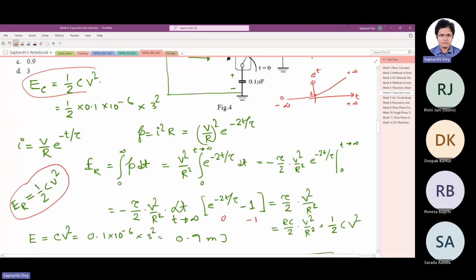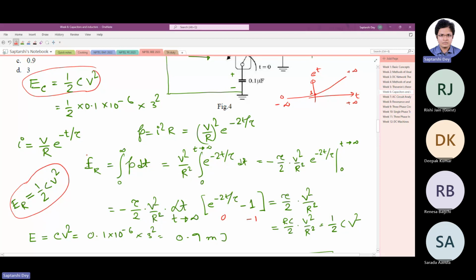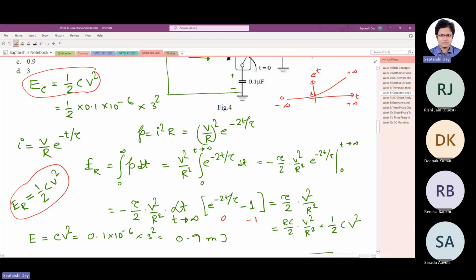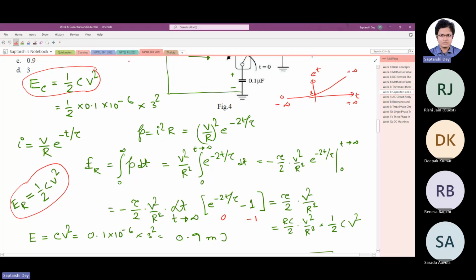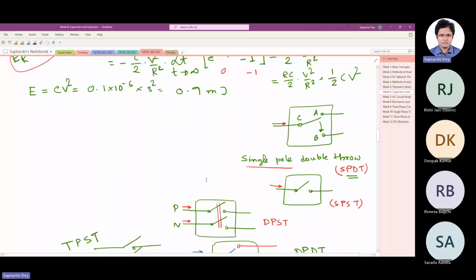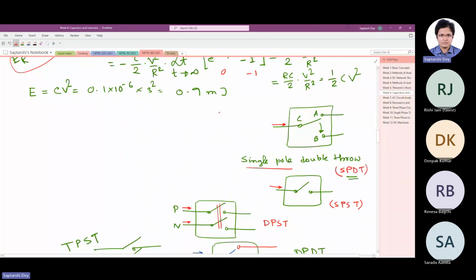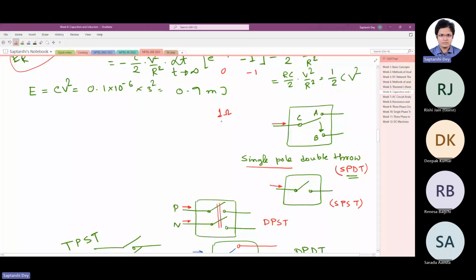This kind of calculation is important, because later on, maybe you will study other things where you have to design the circuit. Now suppose you calculate that you need a 1 ohm resistance at some point of the circuit. You have to also find out how much is the power loss in the circuit.